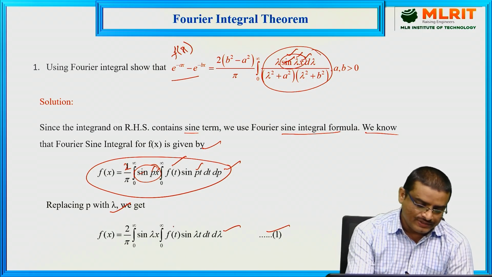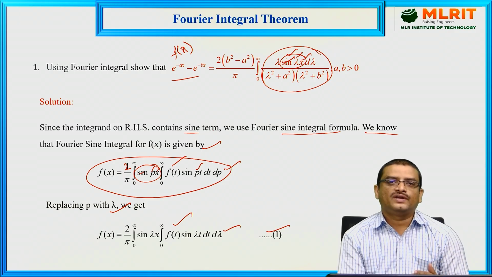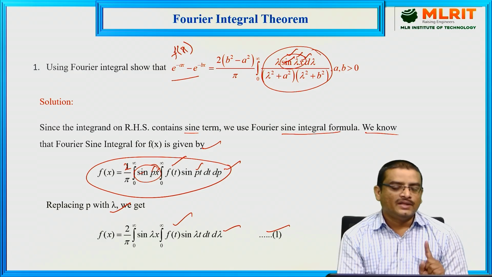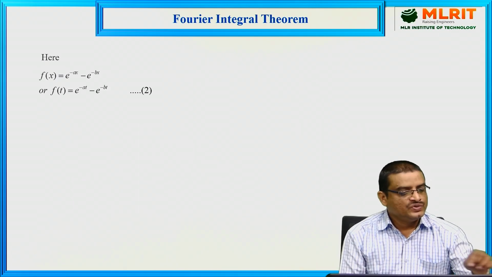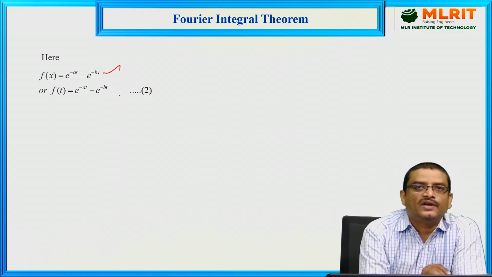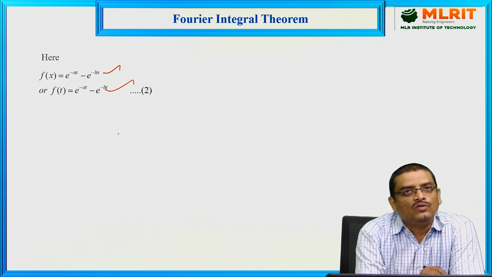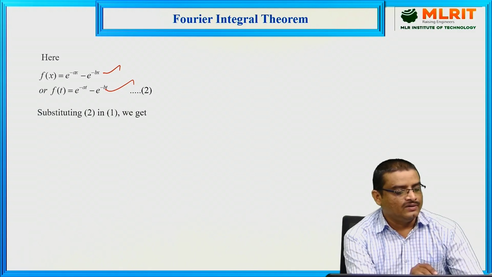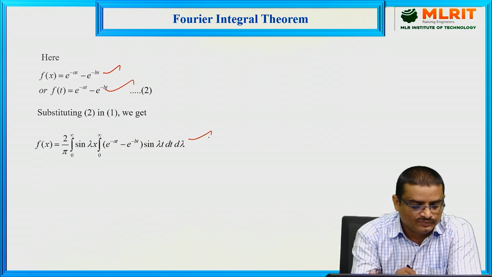Now our task is to get the f of t and replace it, and out of these two integrals we have to evaluate one integral, and that integral must prove this result. Let us see. Here this is the function we have considered, f of x is equal to this. By using this function we get the value of f of t by replacing x with t in f of x. Now substituting this f of t value in equation 1, we will get this equation.